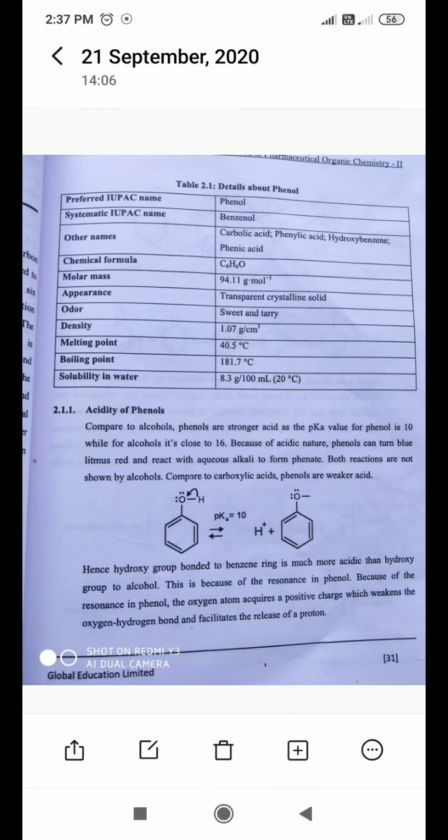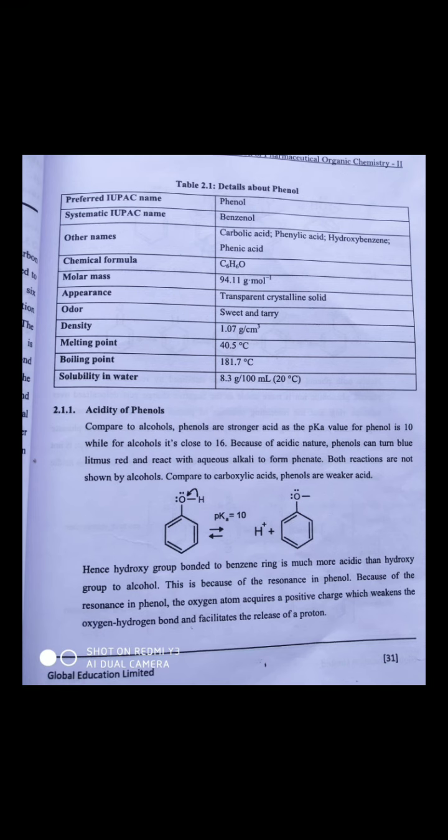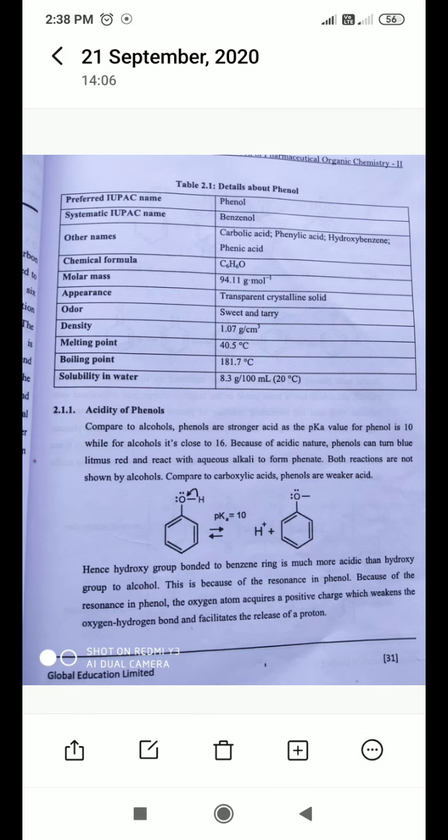Okay, now you should keep in mind that the bond length of the hydroxyl group to the benzene ring is slightly shorter, whereas in alcohol it is slightly longer. This is the bond length between the hydroxyl group and the carbon atom.